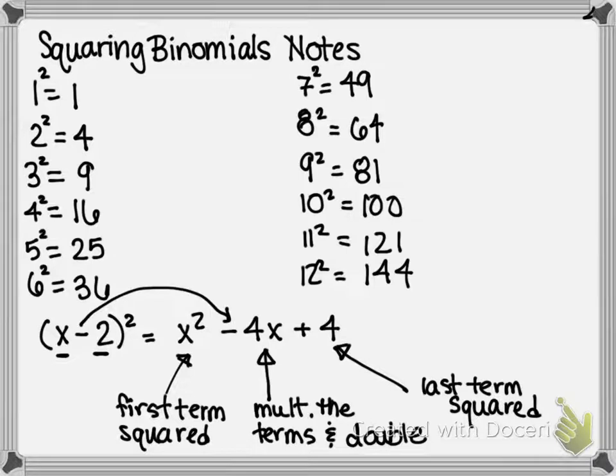We're just going to go through a couple more examples so you can get a little more experience with it. So let's do one like this: 2x plus, let's say, 3, squared. Again, to summarize, we're not going to write it side by side and FOIL it. We're going to use our shortcut. First term squared.